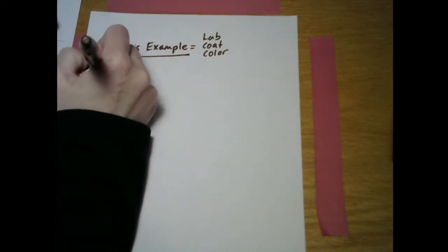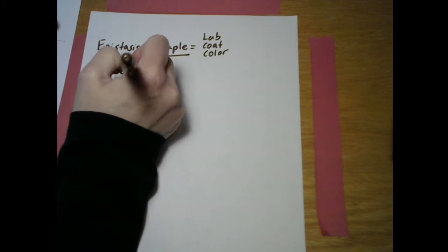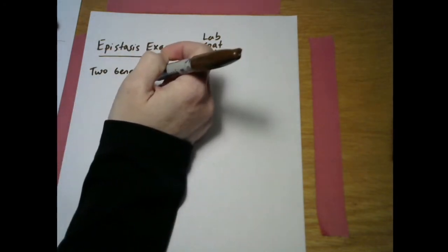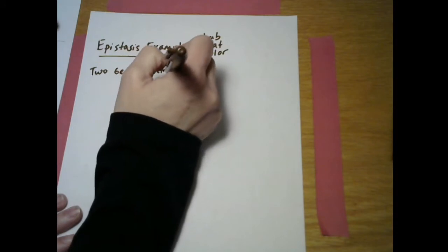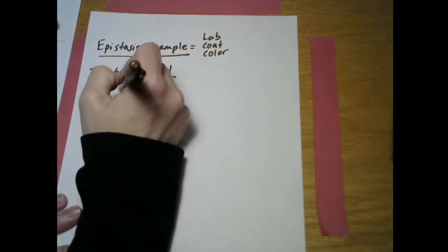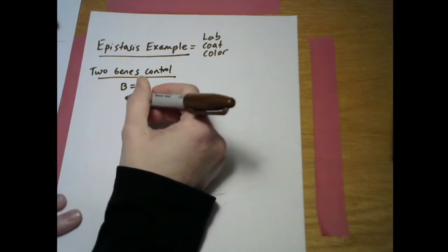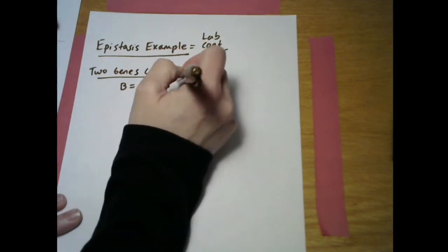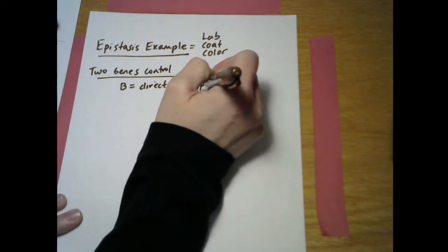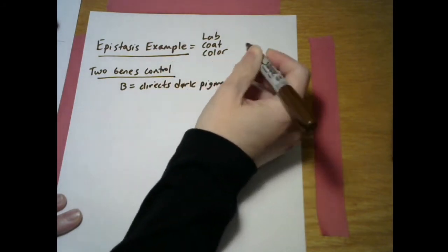There are actually two genes that control how this color is going to develop in our lab. So there are two controlling genes. One of the genes is a color gene, so I'm going to say capital B for that, and this gene directs dark pigments in our Labrador Retrievers.